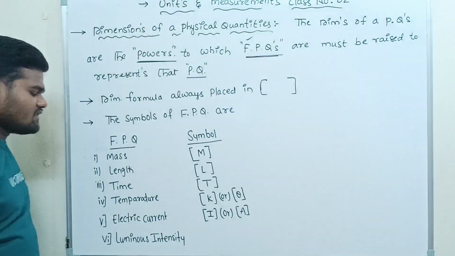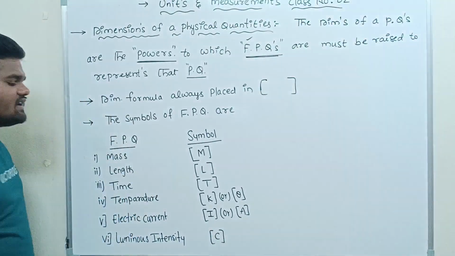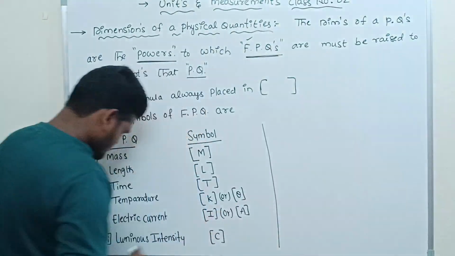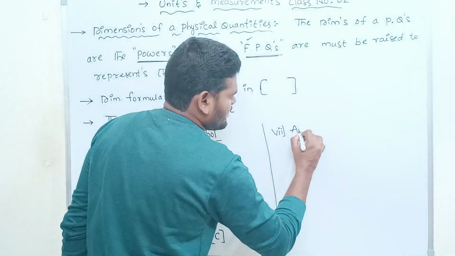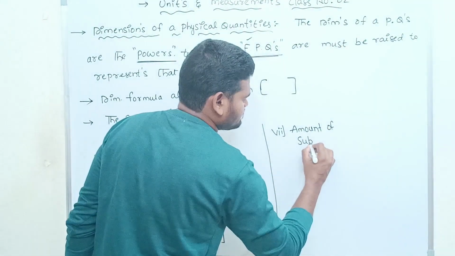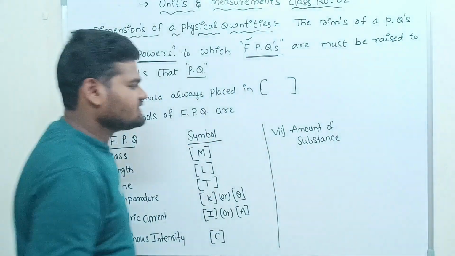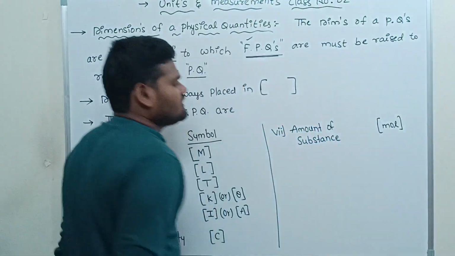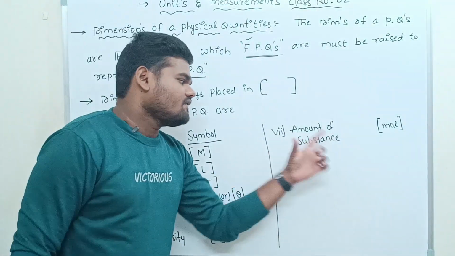The dimensional symbol for luminous intensity is candela, C. We can represent it with a C. And the seventh one is amount of substance. The symbol for amount of substance is mole, M-O-L. That is the symbol in the dimensional formula of amount of substance.